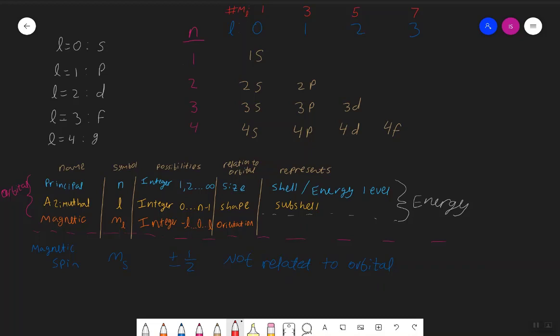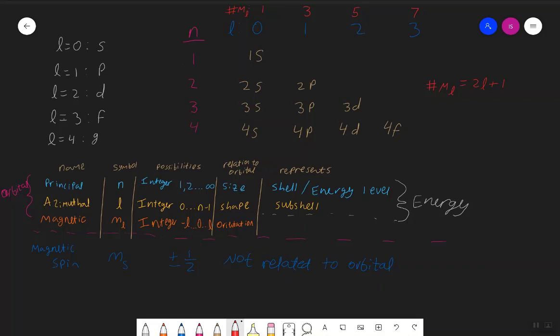Okay, so this just tells you how many orbitals are allowed in a certain subshell. And you can use the formula that the number of ml in a certain subshell is equal to 2l plus 1.